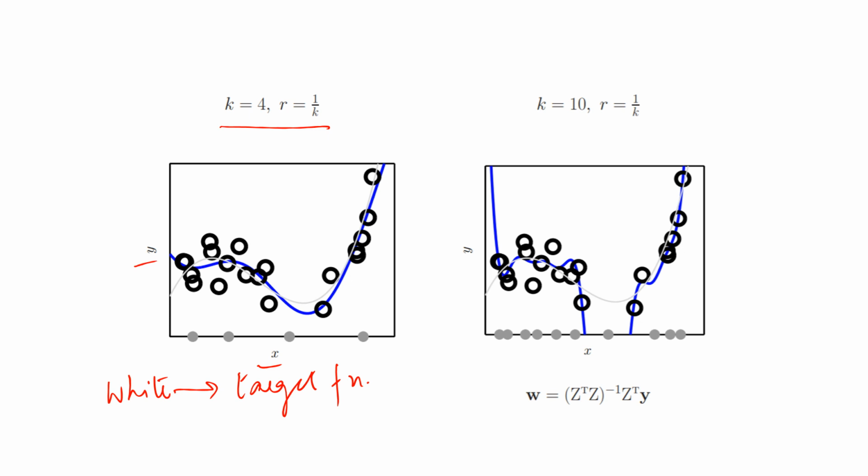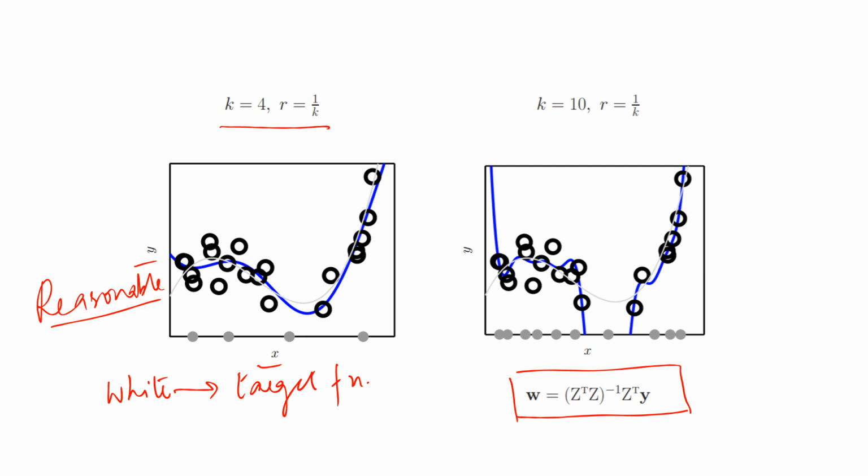So what we have done here is tried to fit the linear model, as you can tell by looking at this equation here, for a regression problem of course. You can tell that this is a quite reasonable fit with k equals 4.